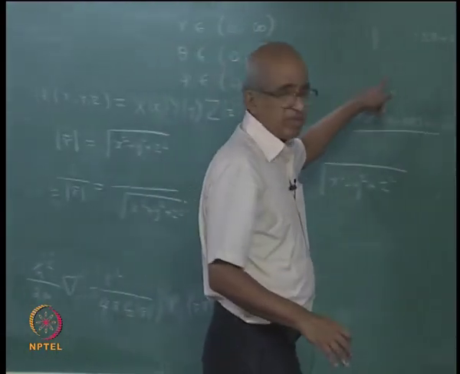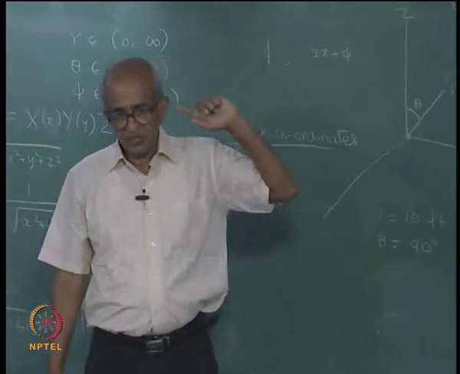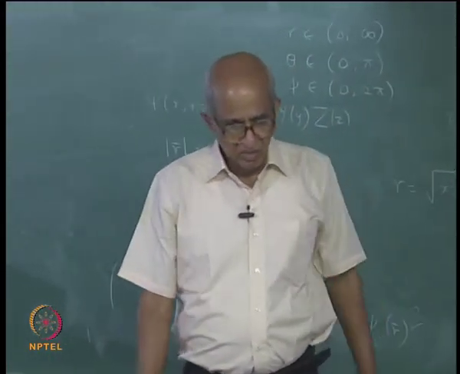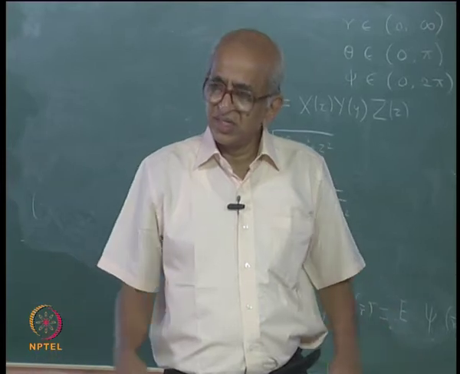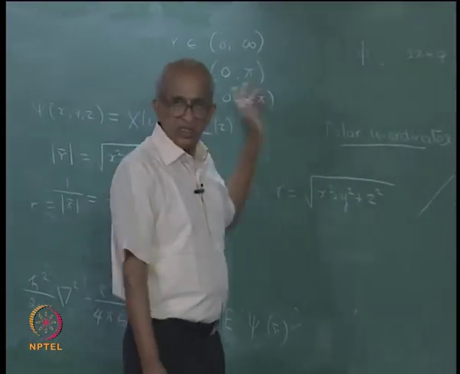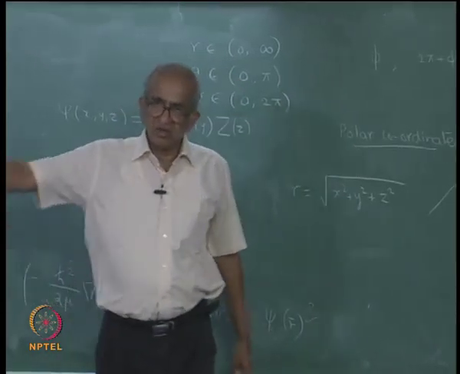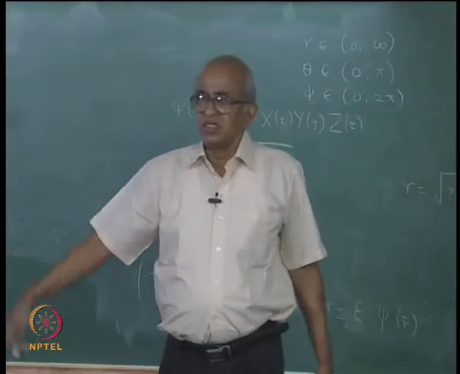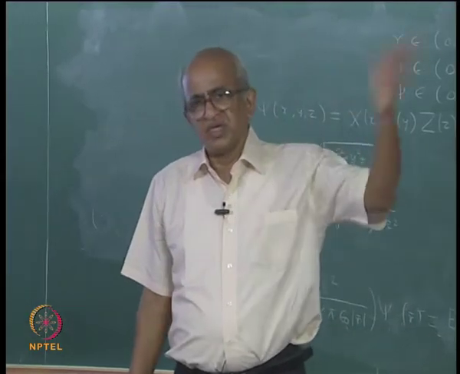This is something that we will be using later. But as far as any point in space is concerned, it is enough if I allow phi to vary from 0 to 2 pi. But if I want, I can think of phi as a continuously changing variable running from 0 to any number.